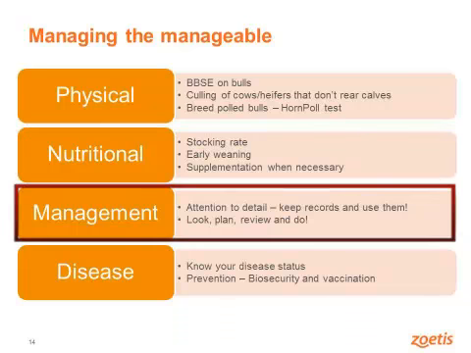Then there's a management group. Management is all about doing things and making sure that there is attention to detail, keeping appropriate records and then using them. Management is about making sure that you look, plan, review and then do.